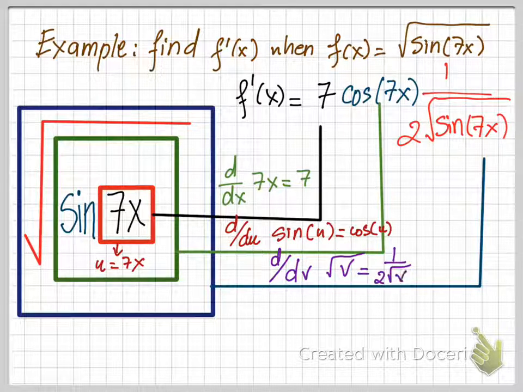Lastly, if you let v equal sine of 7x, then the derivative of the square root of v will be just 1 over 2 times square root of v, which is 1 over 2 times square root of sine of 7x. So this is our final answer.